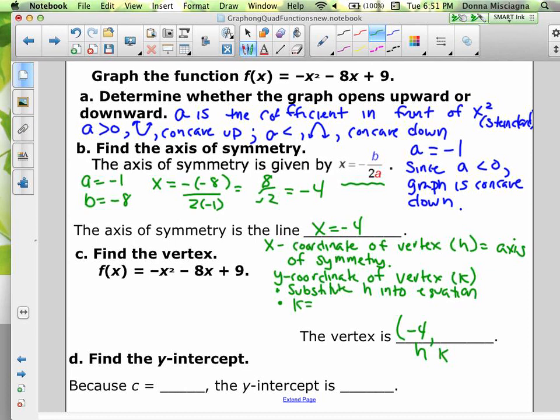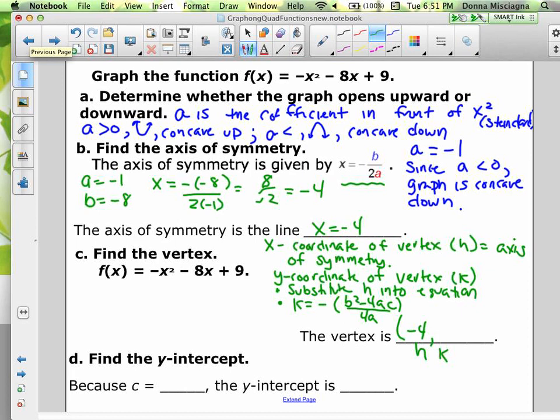K equals the opposite of b squared minus 4ac, all divided by 4a. I think my hand is working faster than my brain. Divided by 4a. All right, so that's how you find the x and y coordinate of the vertex.